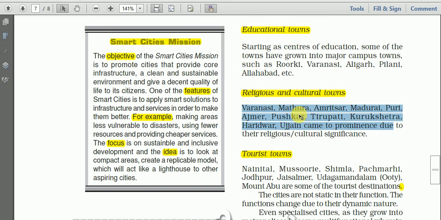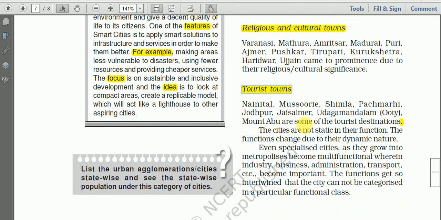Then the last type of town is the tourist town. It means towns providing recreation. We have examples of these tourist towns: Nainital, Mussoorie, Shimla. These are important hill stations.